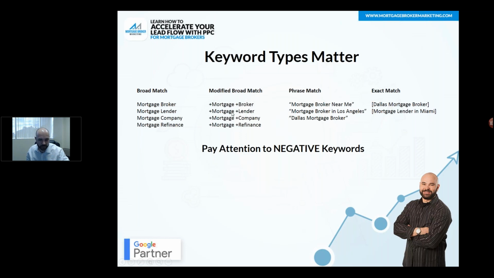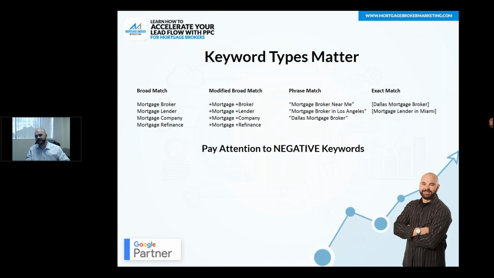I don't know if I put the best examples in here. I think I would have an easier time explaining with a VA loan. Say you had a plus sign in front of VA and a plus sign in front of loan. Someone can type in VA home loan, and your ad would still show up, right? Even though the modified broad match key term was VA loan.